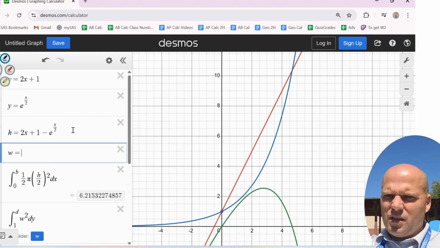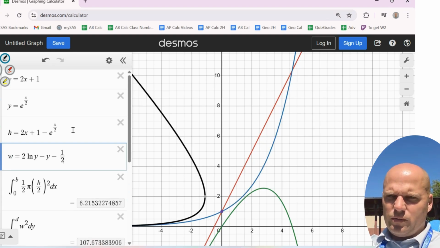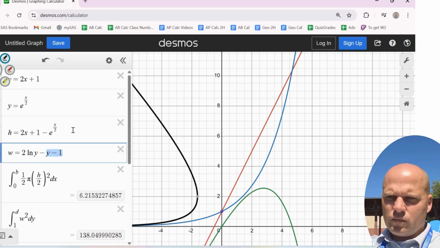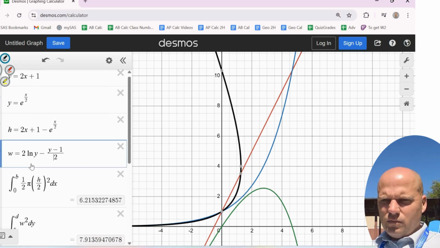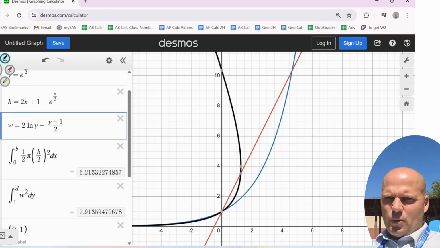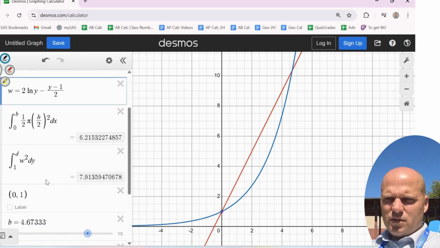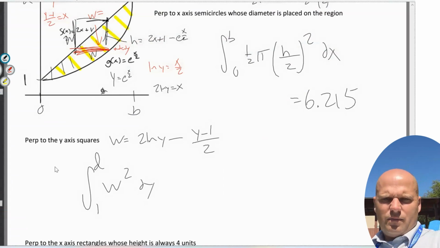W is right, which is 2 log y, minus left, y minus 1 over 2. Use parentheses. I don't want to look at h. I don't want to look at w. Just want to look at that. 7.913.